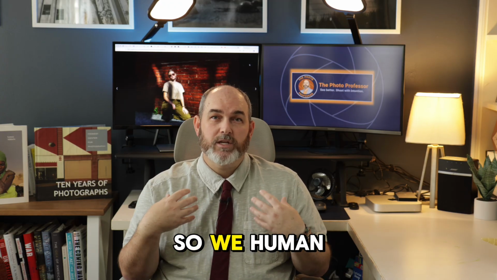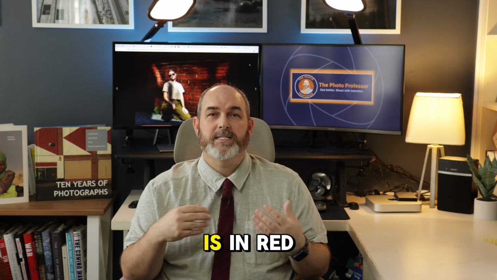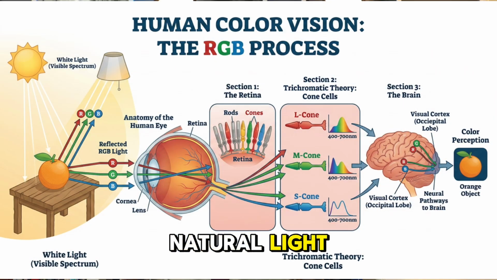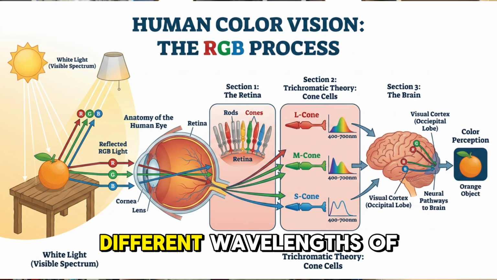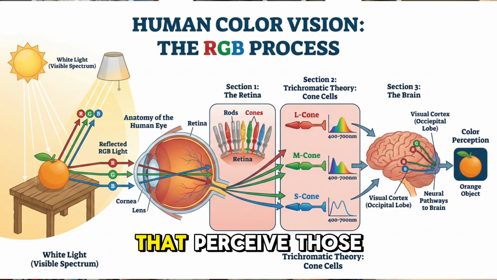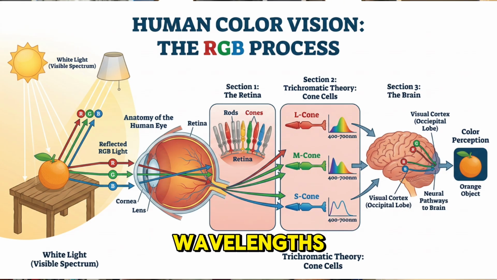We, human beings, see color in red, green, and blue. The sun or natural light emits these different wavelengths of color, red, green, and blue. We have cones in our eyes that perceive those wavelengths.